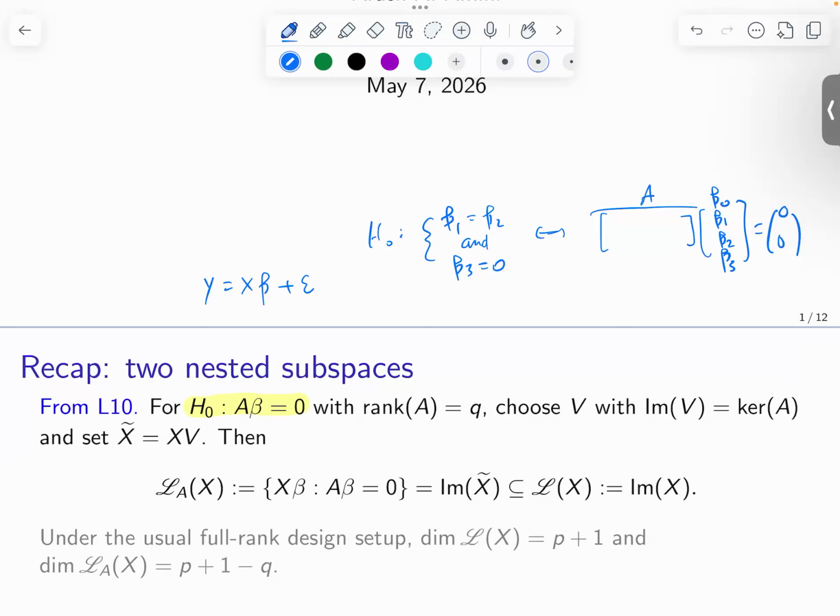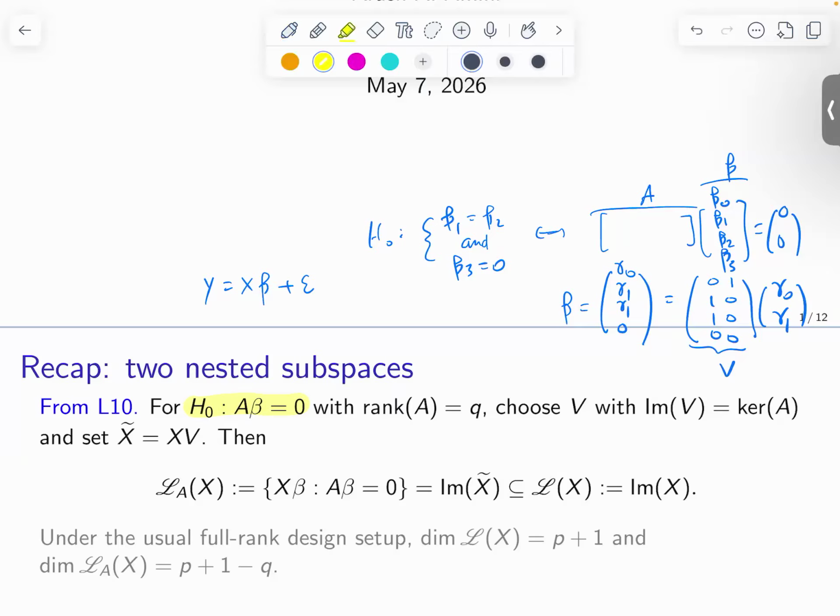This would be A. The dual form would be I can write beta as, for example, gamma 0, gamma 1, gamma 1, 0. I call beta 1 and beta 2 gamma 1, and then beta 3 is 0, and beta 0 would be gamma 0. So this is written like a matrix times this vector, 0, 1, 1, 0, 1, 0, 0, 0. That would be like a V.